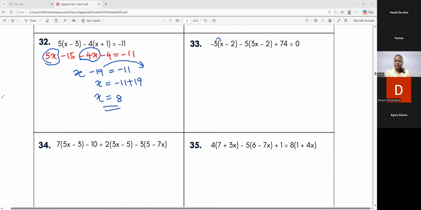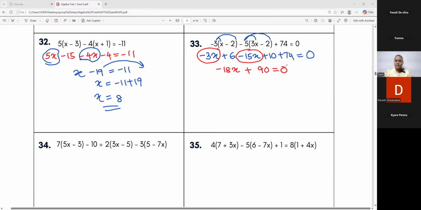Then 33: minus 3x plus 6 minus 15x plus 10 plus 74 equals 0. Same sign, add them, minus 18x. Then the numbers also can add, 74 plus 10 is 84. 84 plus 6, 90 equals 0. Since this is negative, move it to the right hand side. 90 equals 18x. Divide both sides by 18. x is equal to 5.